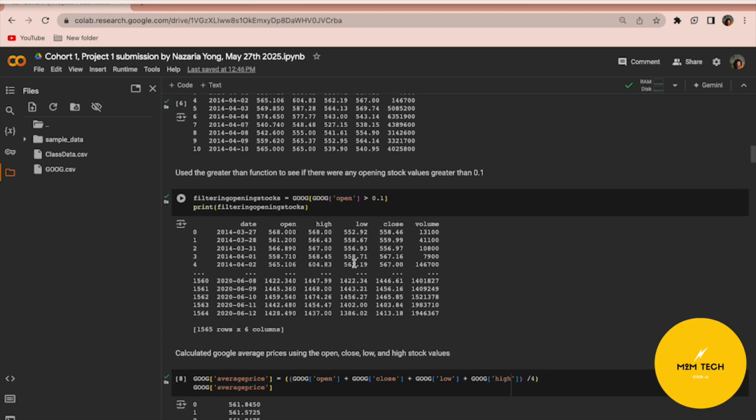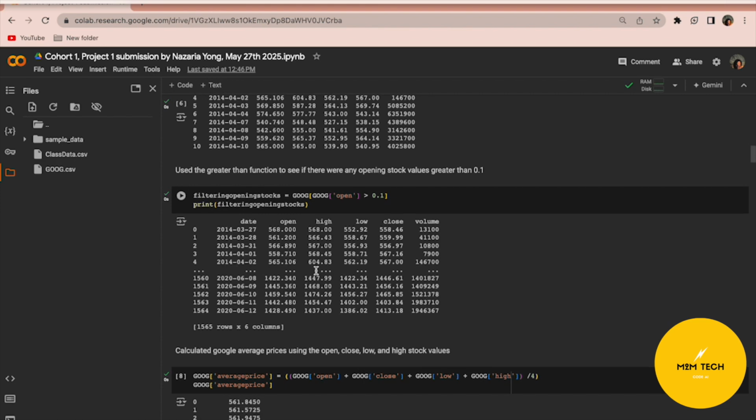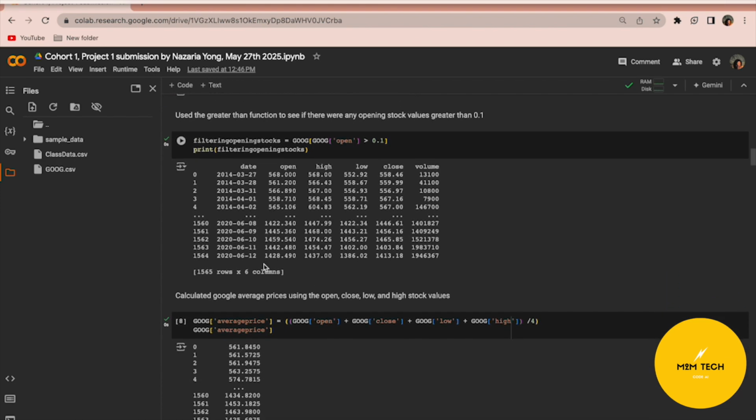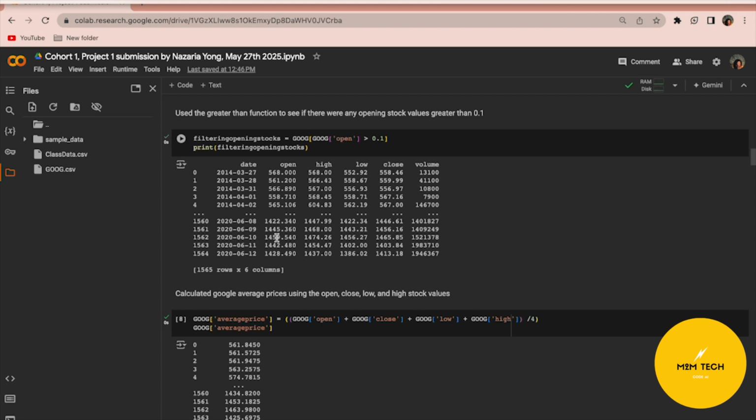I also used the greater than function because I wanted to see specifically if there are any opening stock values that are greater than 0.1, and yes, I found a lot of them, actually all of them.